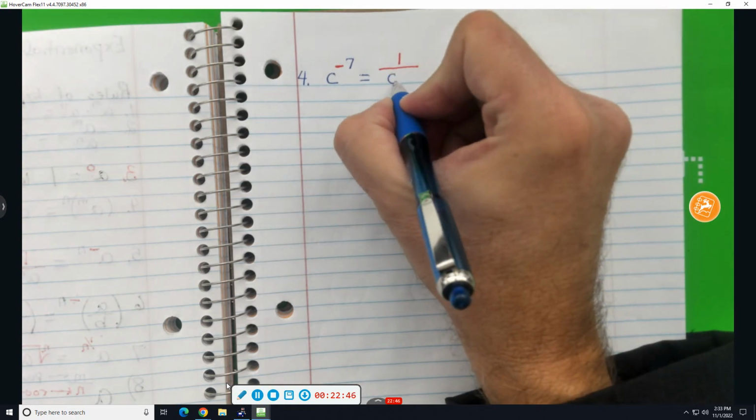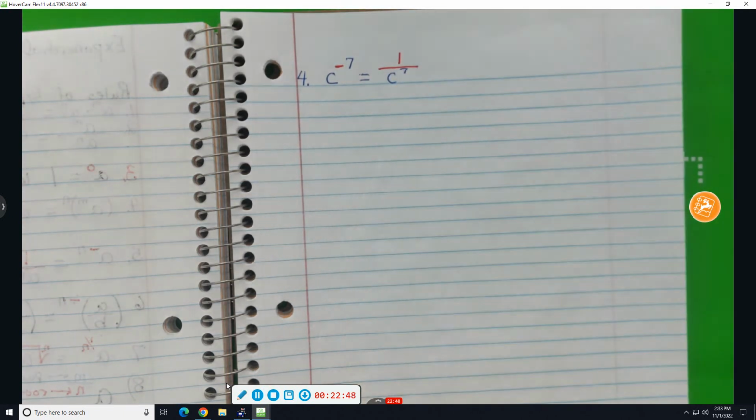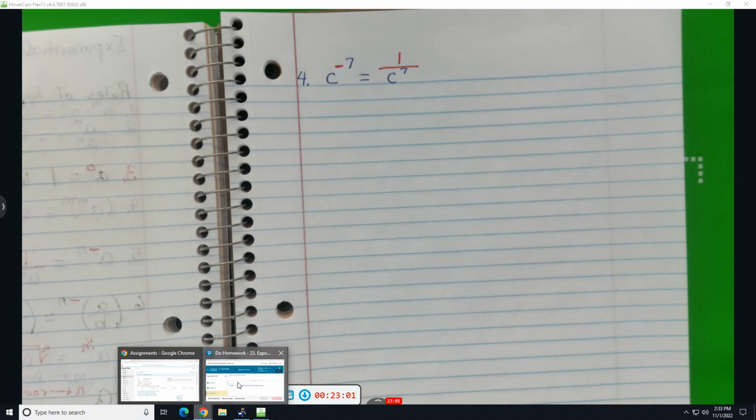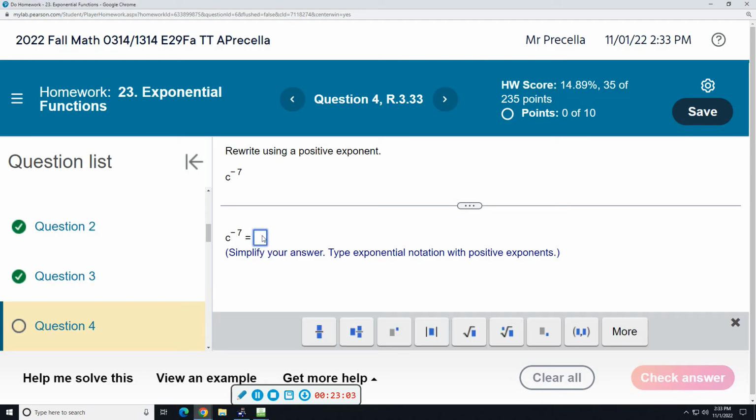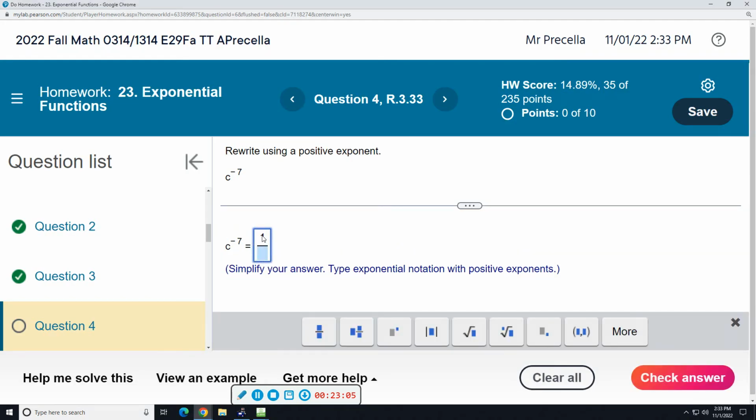C to the 7th power. Okay? C to the negative 7th is 1 over C to the 7th.